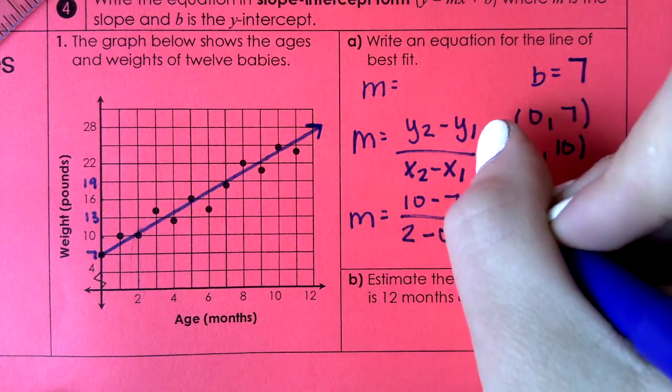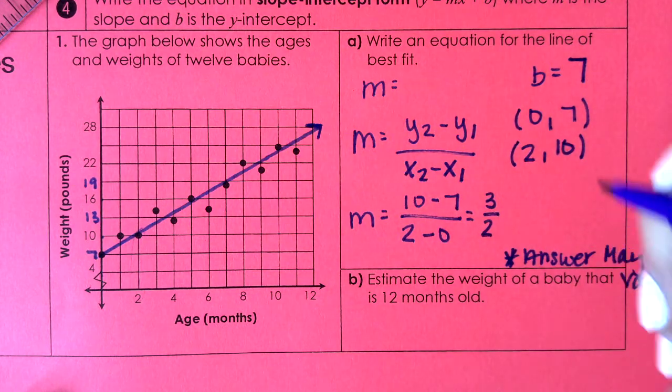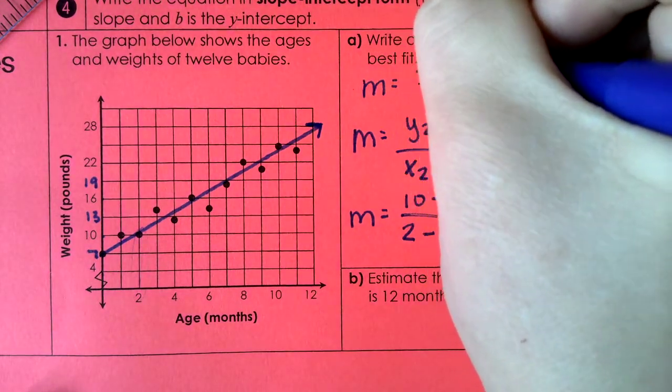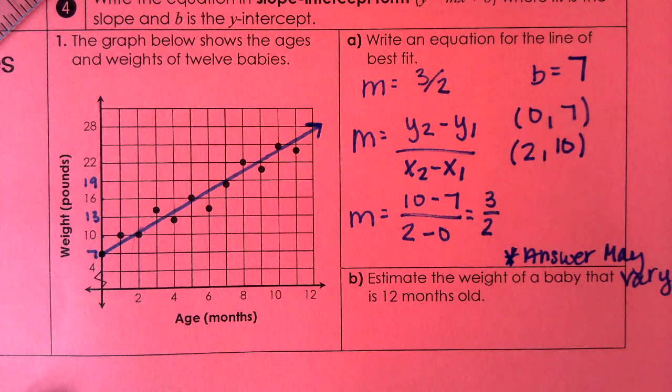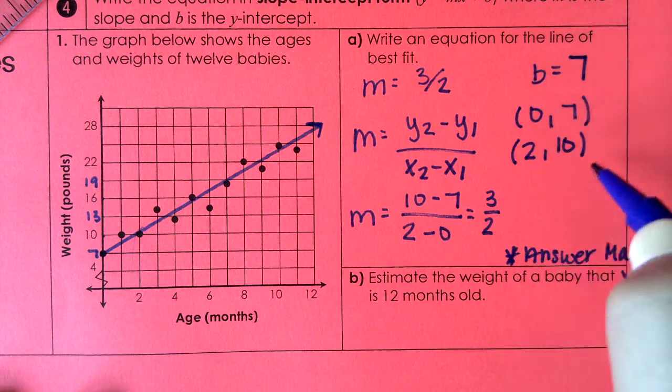So then I have 3 over 2. So my slope is going to be 3/2. Depending on which 2 dots you use, they might vary. So it's super important you write down these 2 points right here.